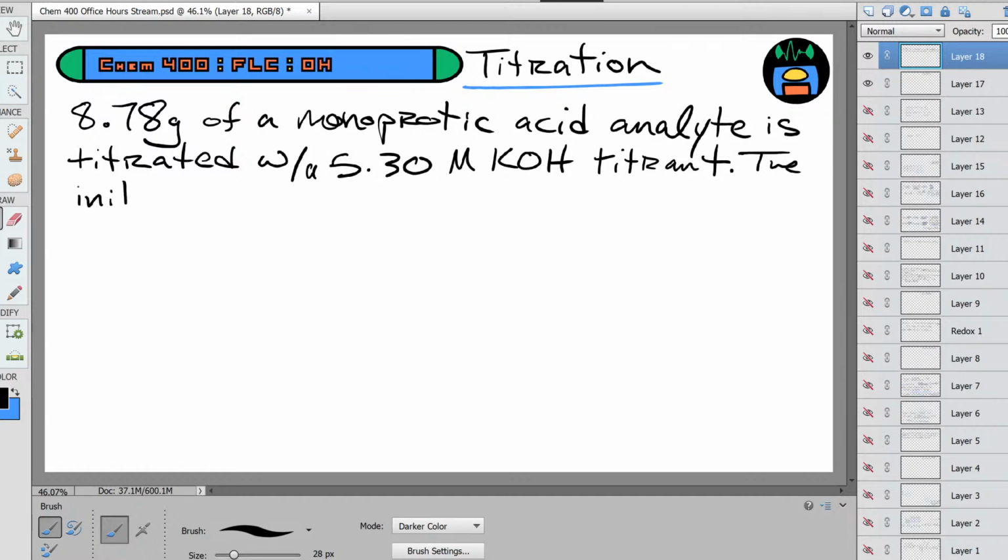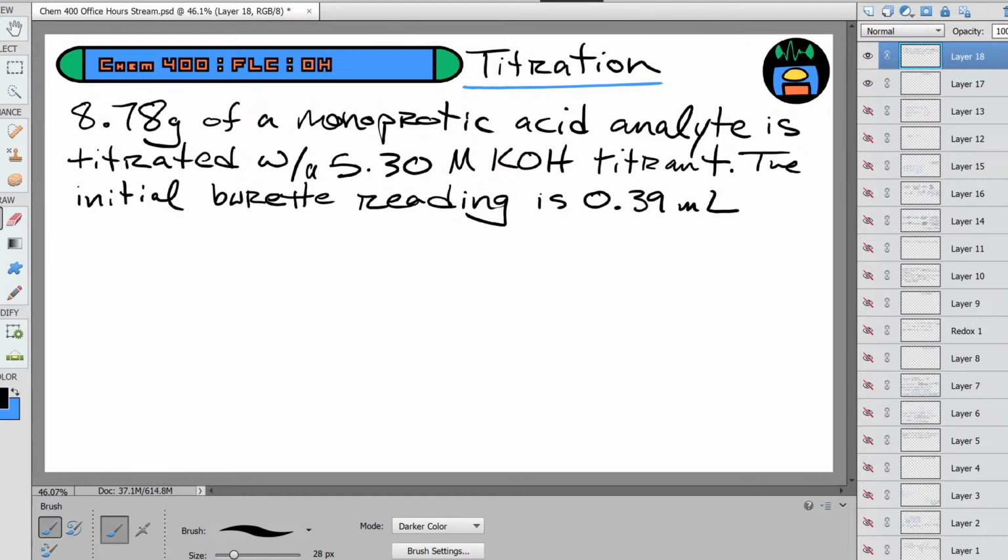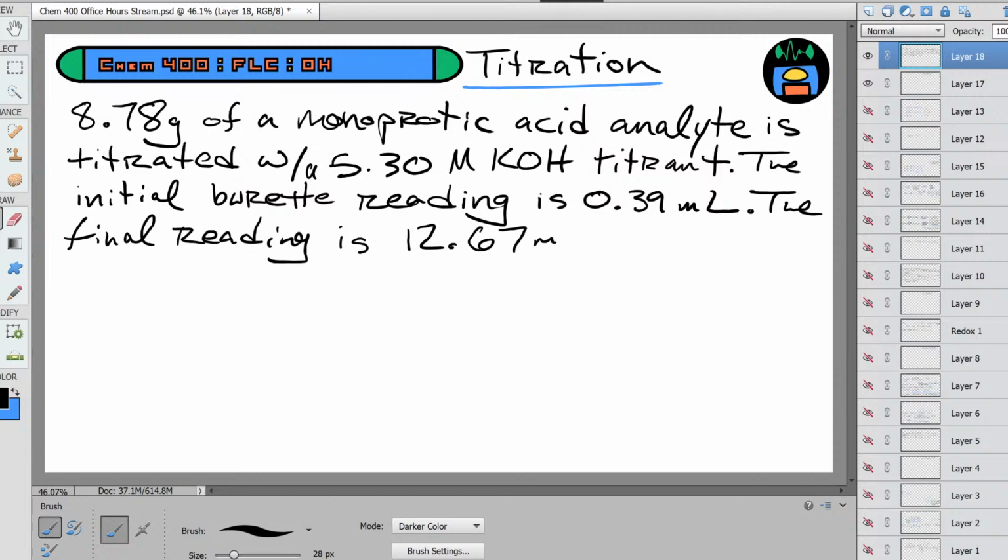The initial burette reading is 0.39 milliliters. The final reading is 12.67 milliliters.